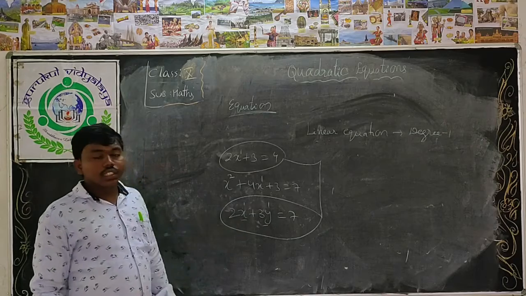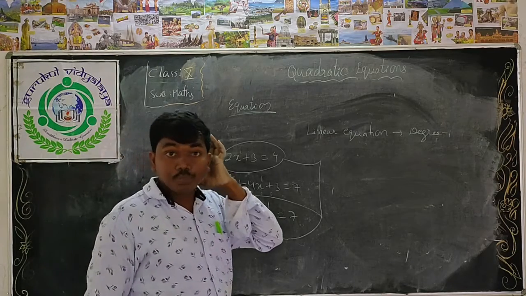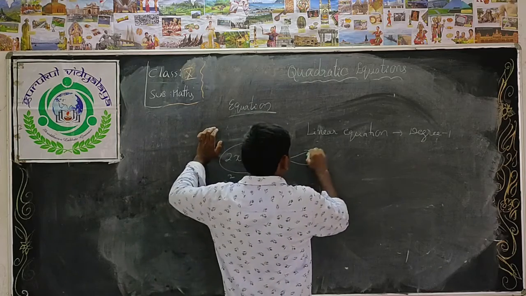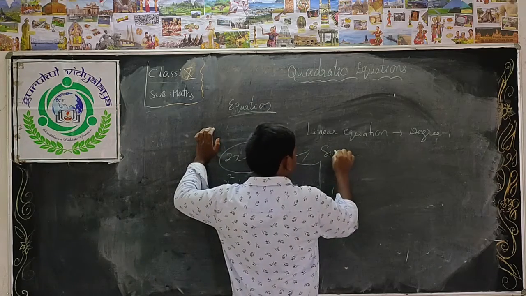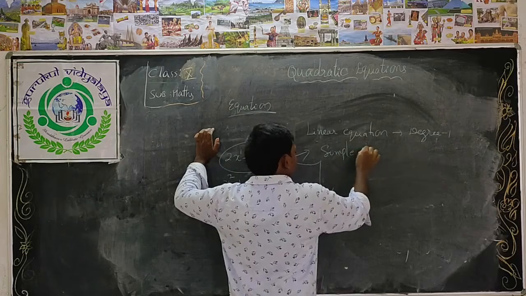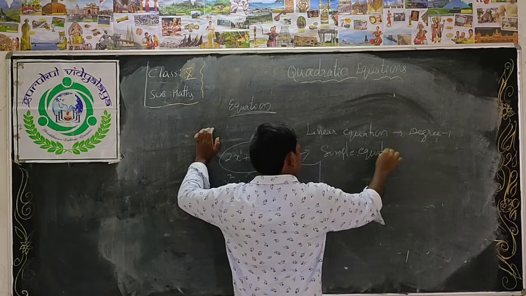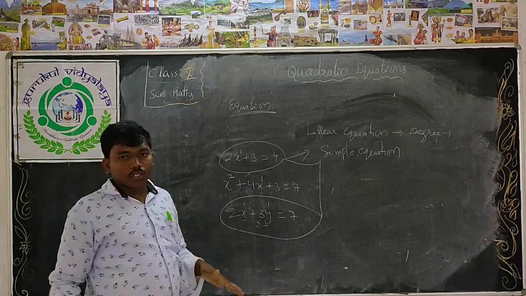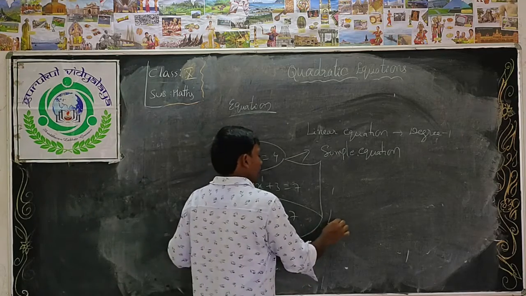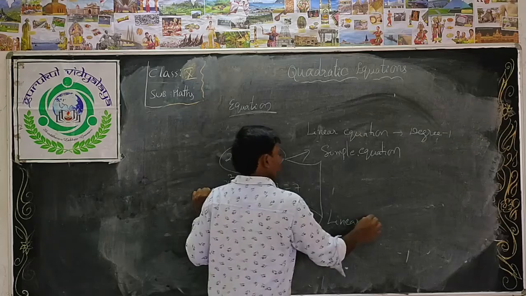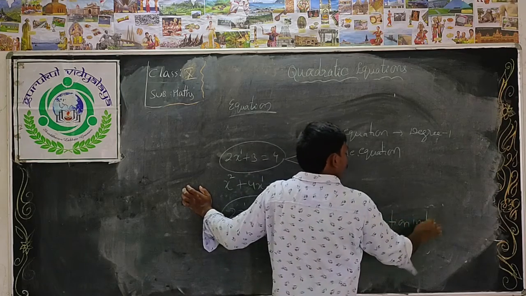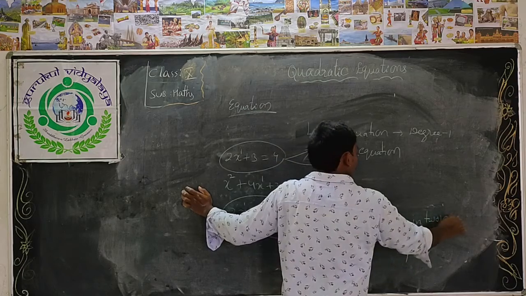This is called a linear equation in two variables.